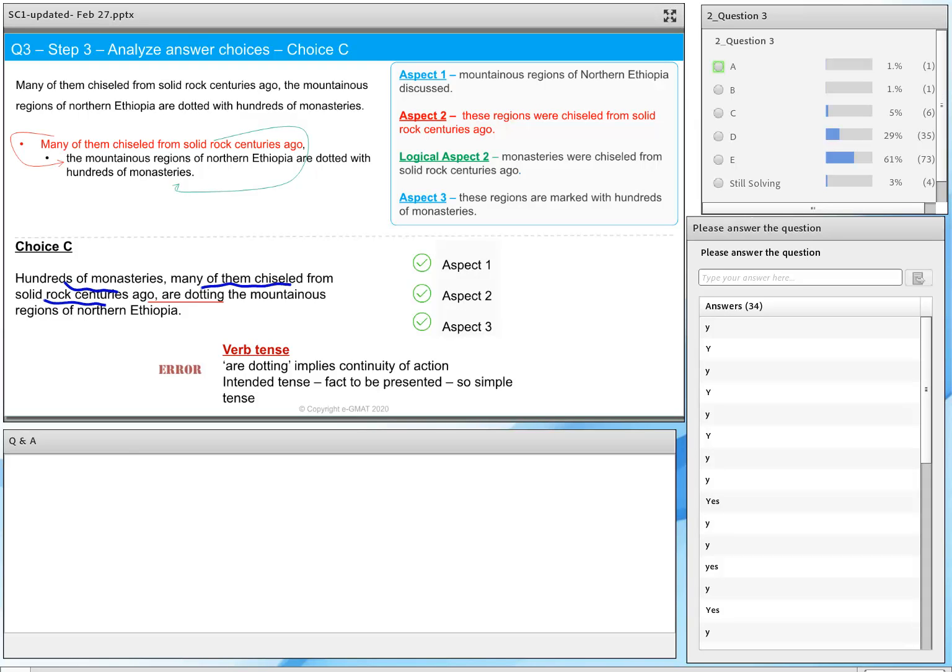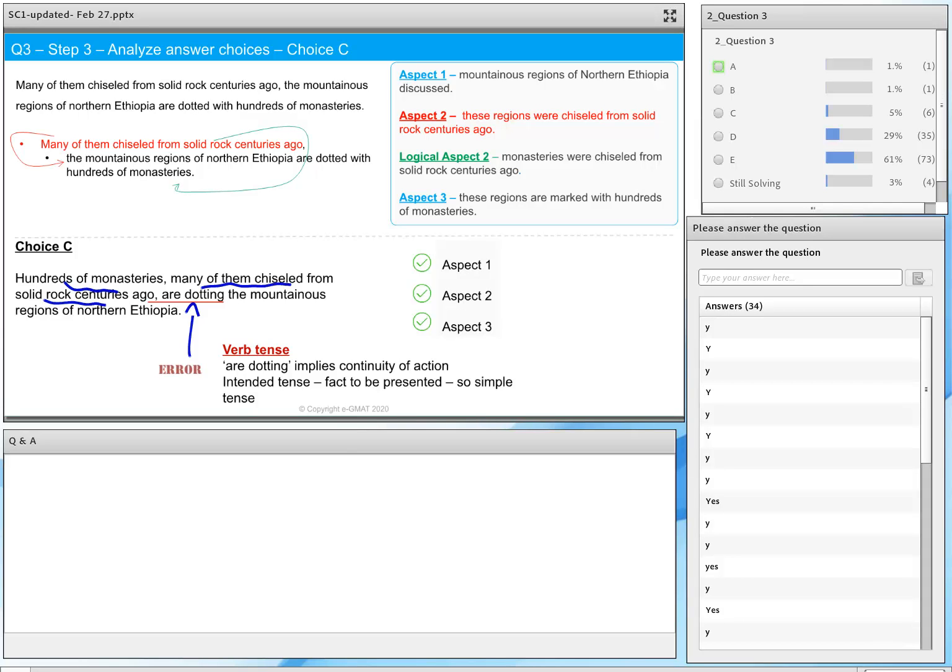But now choice C has added a grammatical error by using the present continuous tense, are dotting. It's not that while we are talking, the monasteries are mushrooming up in the said mountainous regions. The sentence was to present general information that they exist over there, right?